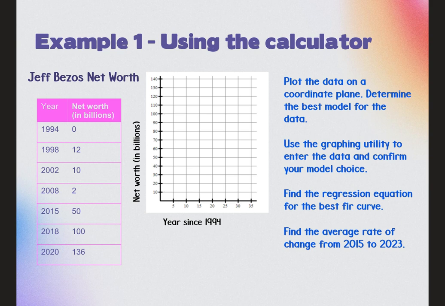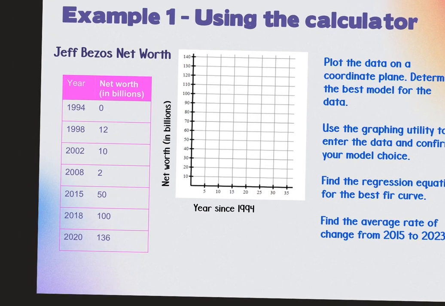When you're plotting data that has a year, it is years since whatever that first one is. So you're not counting it 94, 95, 96. You're saying 94 is year 0. So then 95, 96, 97, 98 is year 4. And then 2002 is year 8. And you're going to go on like that, okay?